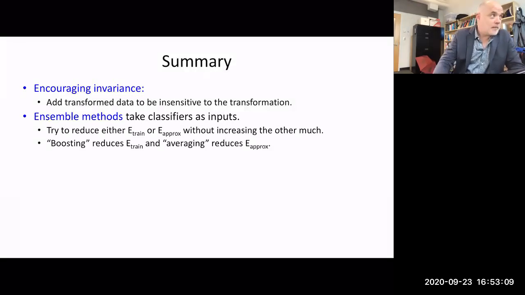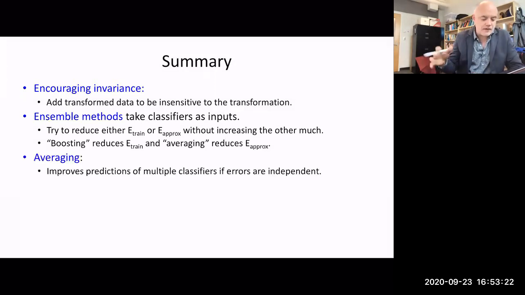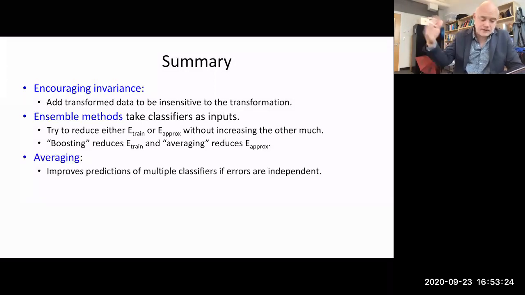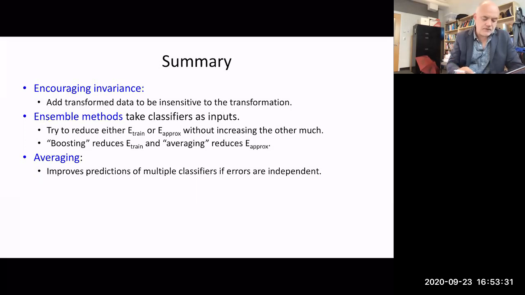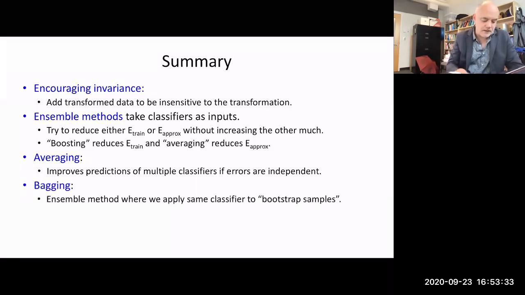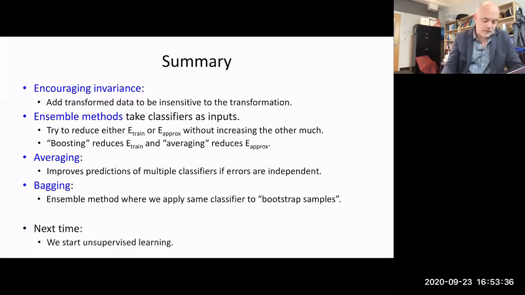We talked about ensembling just now, right? Which tries to generate models that generalize better, have better classification accuracy by combining classifiers, or using classifiers as inputs to other classifiers, right? And we specifically talked about averaging, which improves predictions of multiple classifiers if the errors are independent. And we talked about bagging, which is an ensemble method where we apply the same classifier to bootstrap samples. And that's exactly what random forests are.